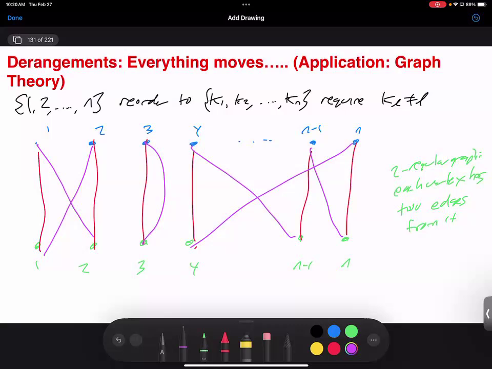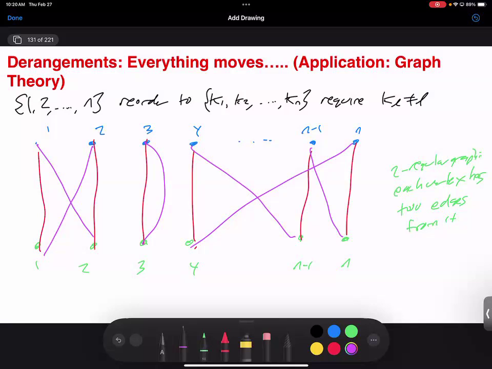And this is a huge industry, trying to use the fewest number of edges to be able to quickly have any vertex reach any vertex. If I want to use a lot of edges, we'll just connect everything with everything. But it's not a challenge. How long would it take any vertex to communicate with any other vertex if everybody's connected to everybody? 1 step. But it would be very expensive.